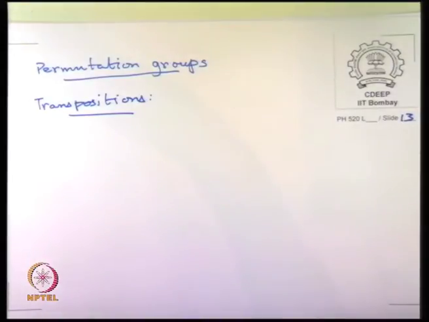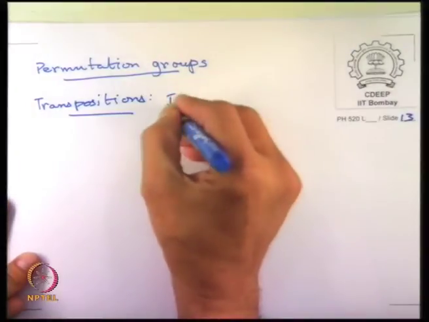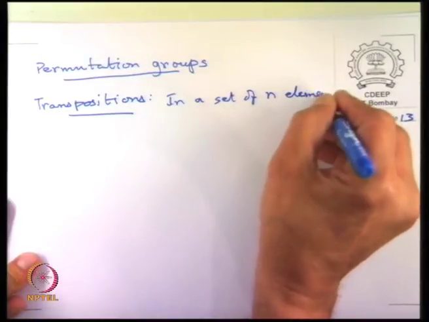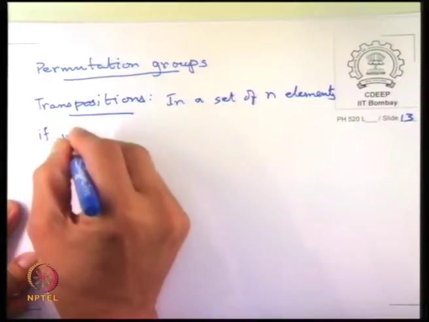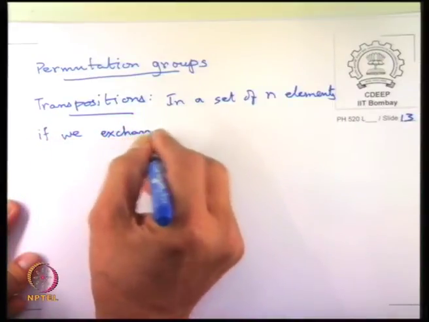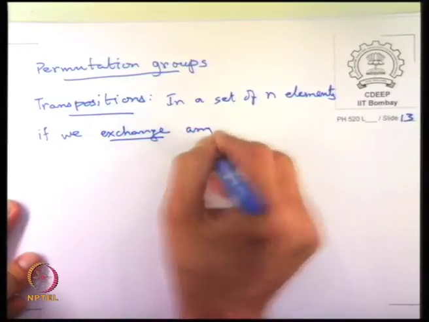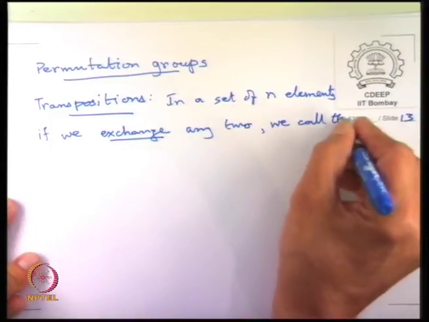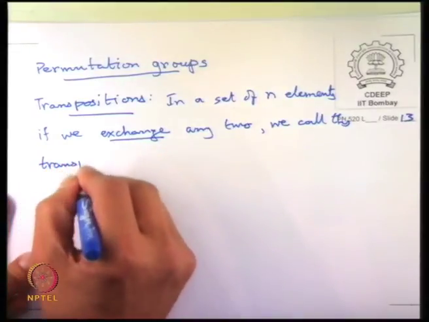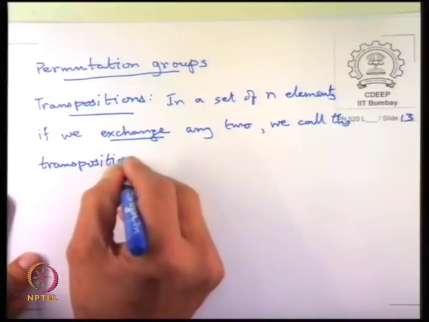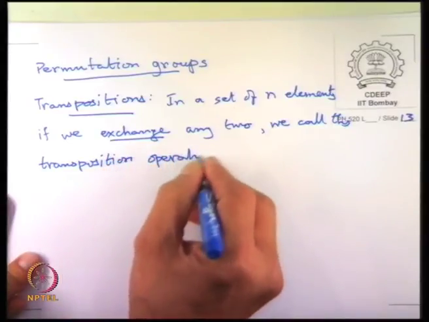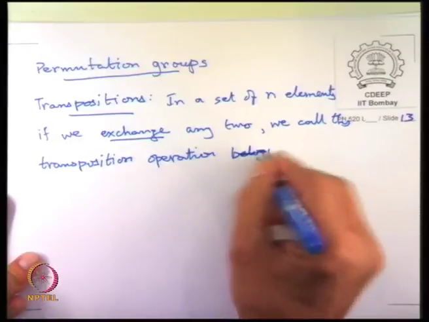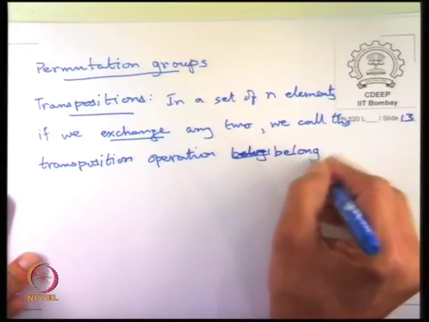If I just exchange two elements in a set of n elements, if we exchange any two, we call this operation a transposition, belonging to Sn.